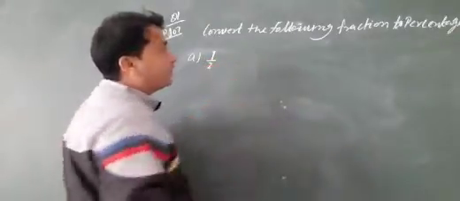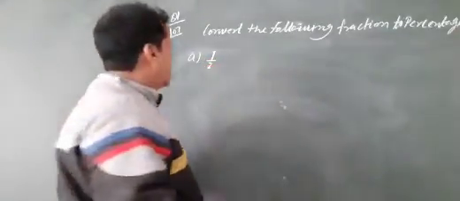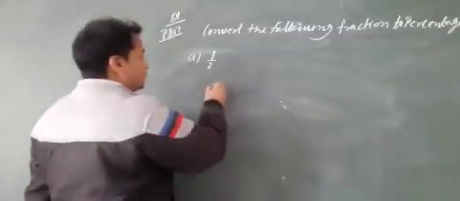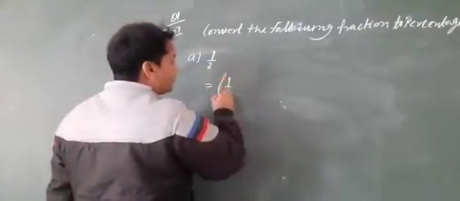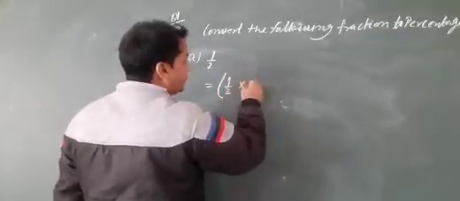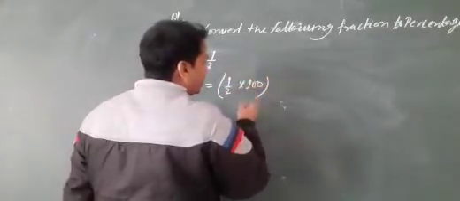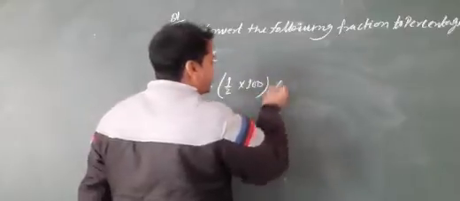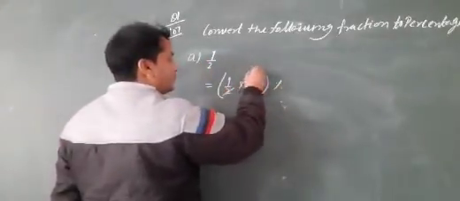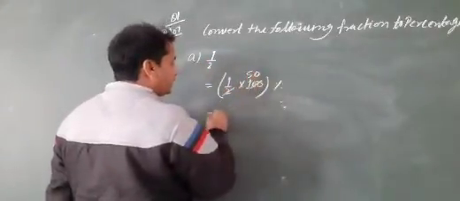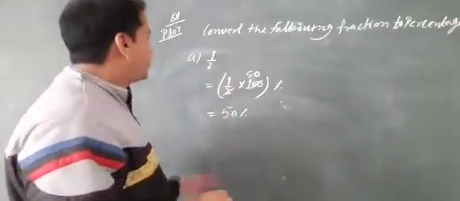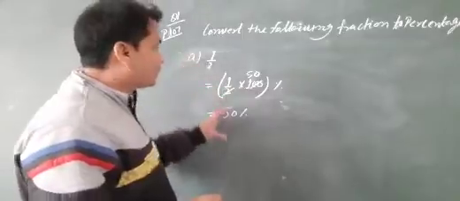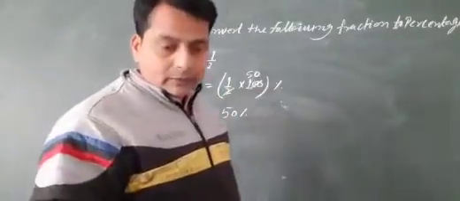Convert this fraction to a percentage. We write 1 by 2 multiplied by 100 with the sign of percentage. Then we can solve it: 50%. So the fraction 1 by 2 is equal to 50%.